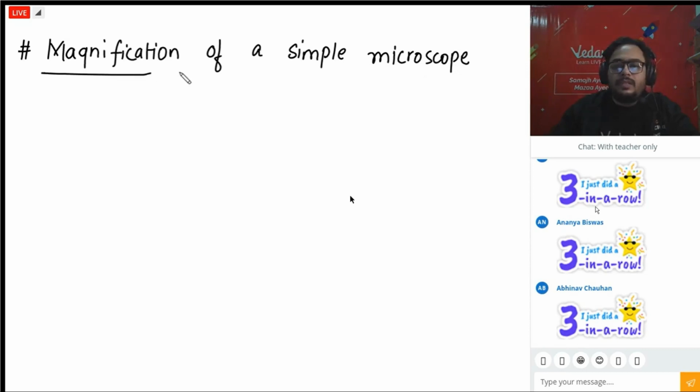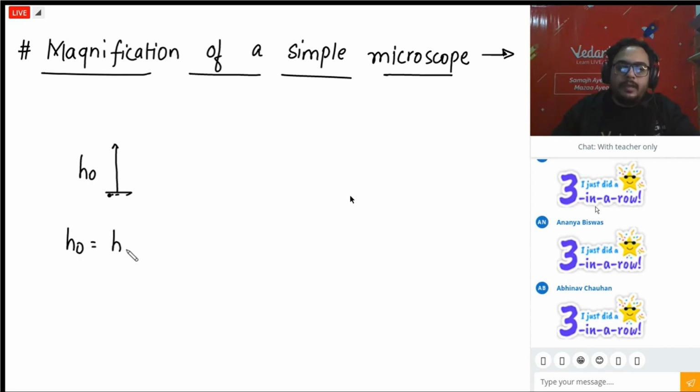So first of all, you should know what is the meaning of magnification. So suppose you have an object. Okay, you have an object like this, and let me say HO is the height of object. And suppose I have an image of this same object, and HI is the height of image.